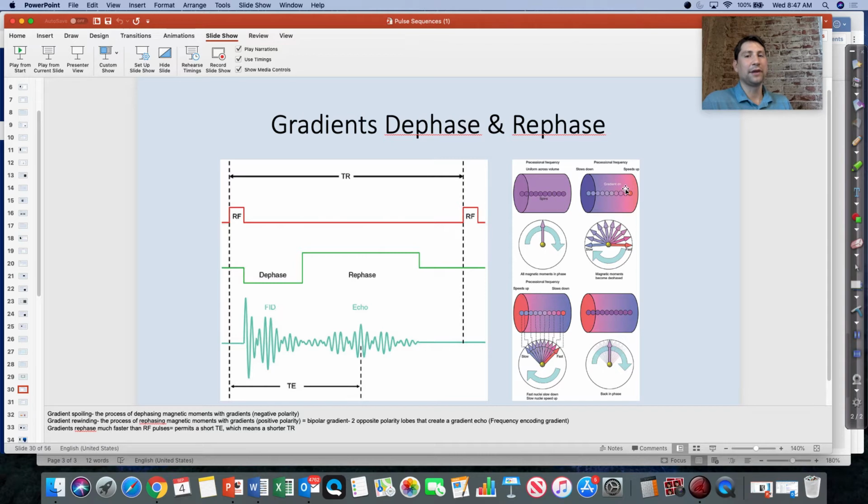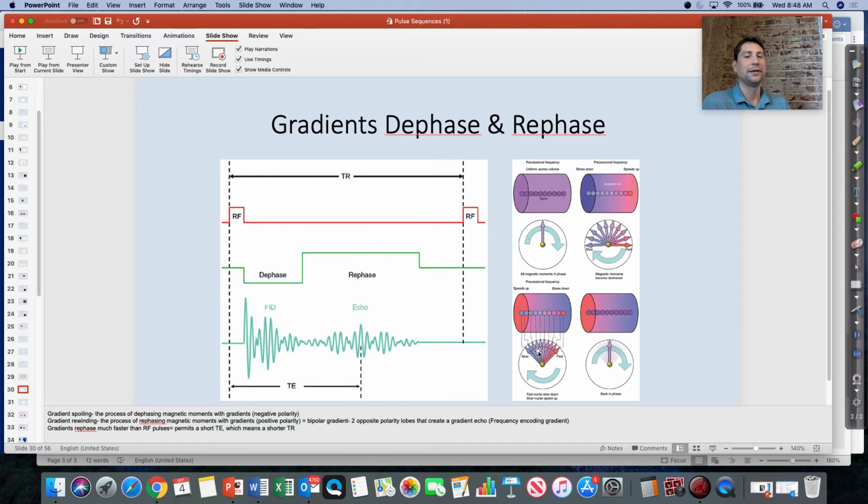Then we apply a gradient, let's say in the Z direction, head to toe. We have a stronger end and we have a weaker end, and you can see how the phases dephase. You have some going counterclockwise, we have some going clockwise. Then we rephase our spins, so we turn the gradient the opposite polarity, and those counterclockwise spins start to go back in the other direction towards 12 o'clock, and the spins going towards 3 o'clock go back towards 12 o'clock too.